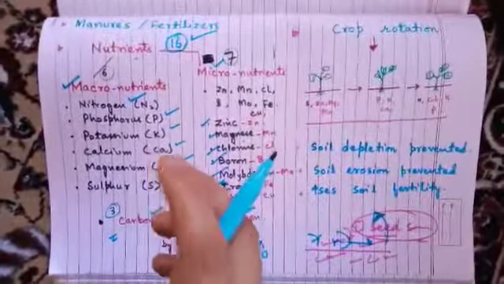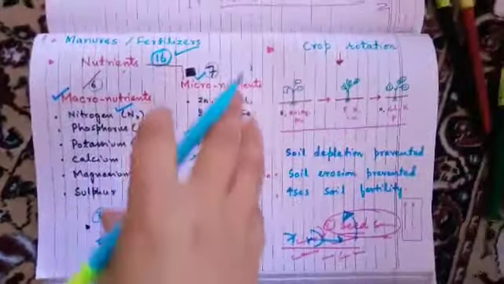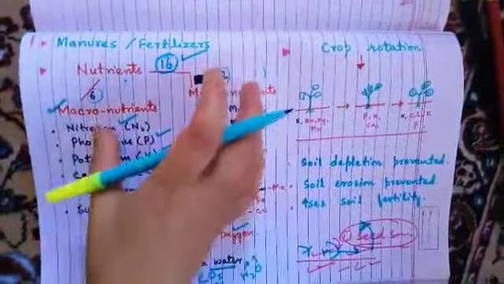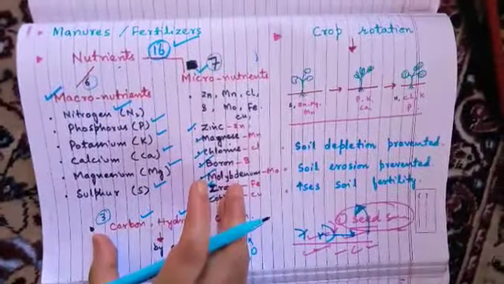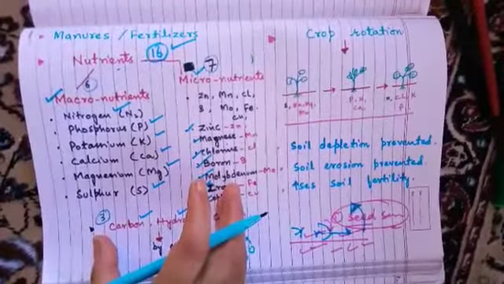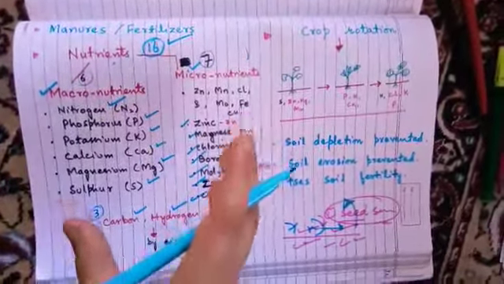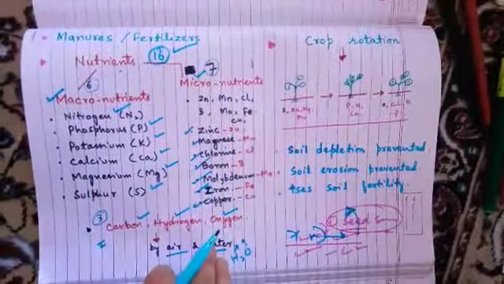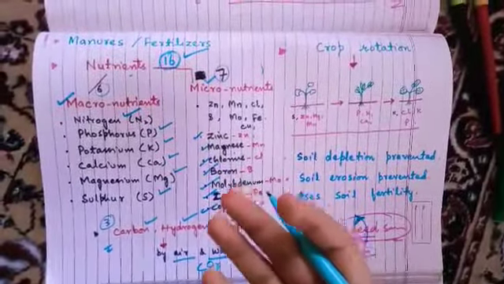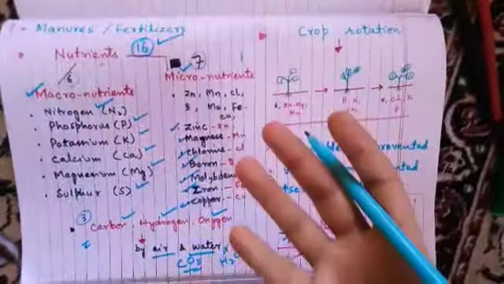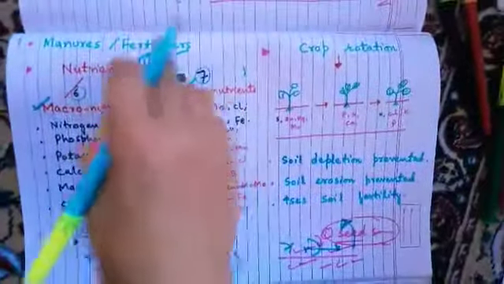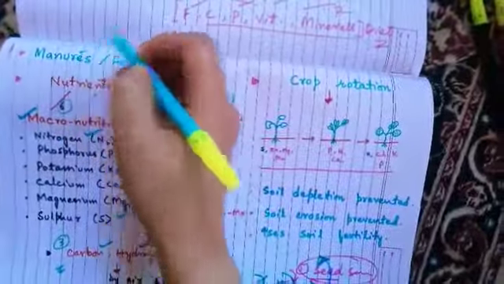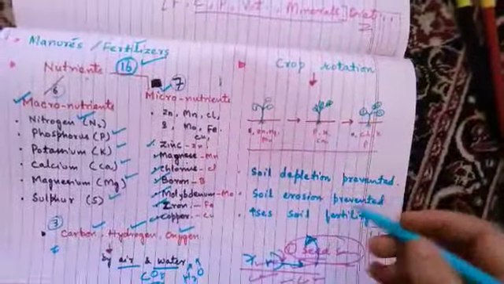Sometimes we use manures and fertilizers to compensate for these nutrients in the soil, because in a particular crop field it is not possible that all of these nutrients would be present. To compensate for that loss and to enrich the soil, we use manures and fertilizers, which I have already discussed. Manures are organic and fertilizers are inorganic, generally chemicals.